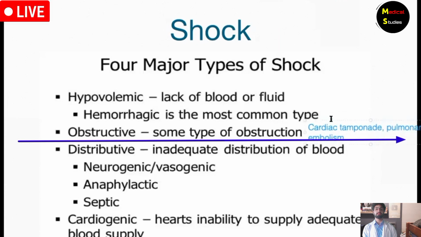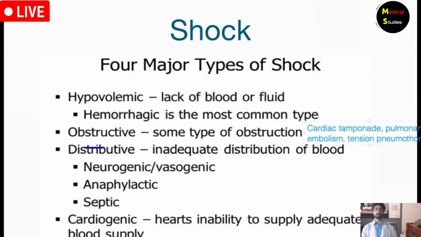A collection of free air in your pleural cavity is called pneumothorax. If that air is under a lot of pressure, then we call it a tension pneumothorax. Everyone got it? Tension means pressure there.